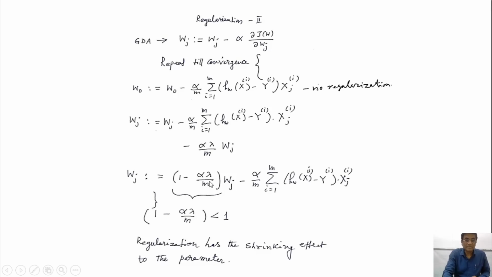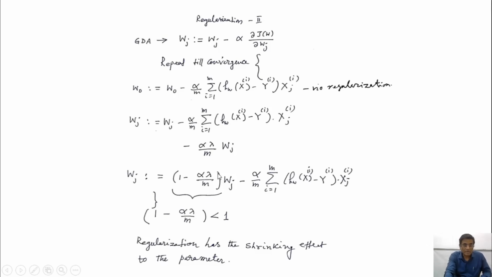And that is the term: alpha times lambda by m times wj. Now this factor is common: 1 minus alpha lambda by m times wj, minus the derivative of the usual cost function without the regularization term.